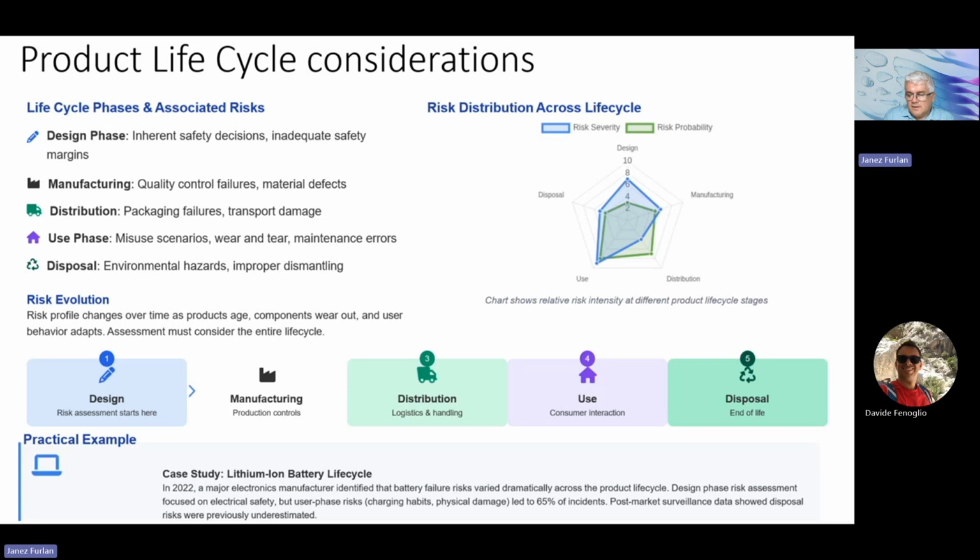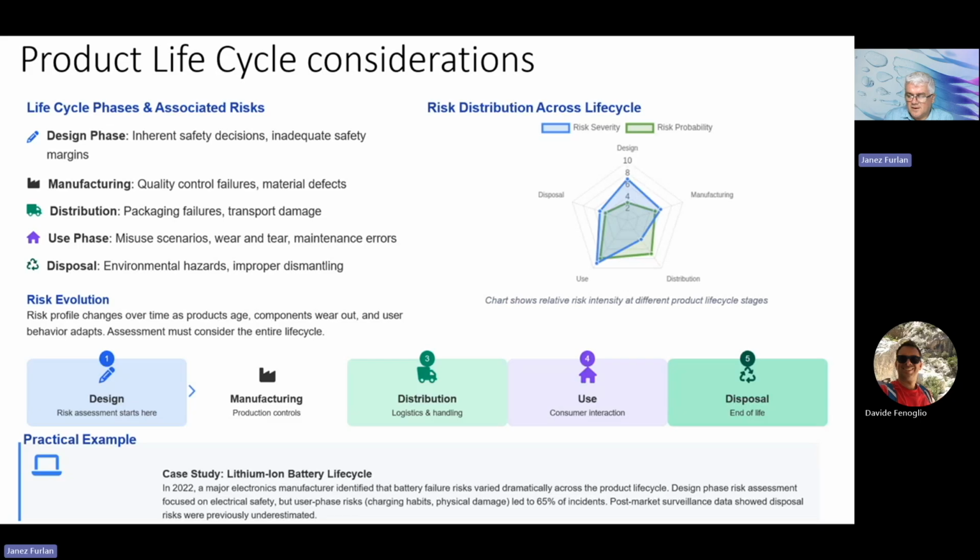But for example, lithium-ion battery operated products, which are very common on the market recently, are one such product that really needs to take into account the risks users face. For example, changing habits when charging battery operated products.